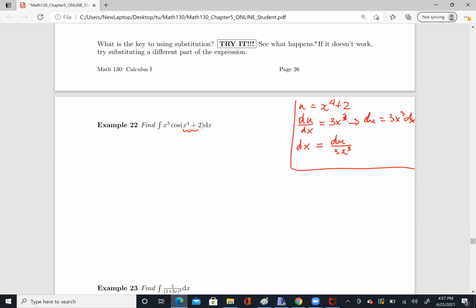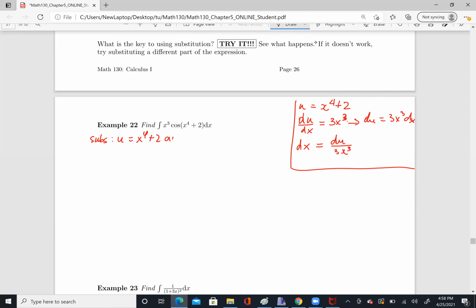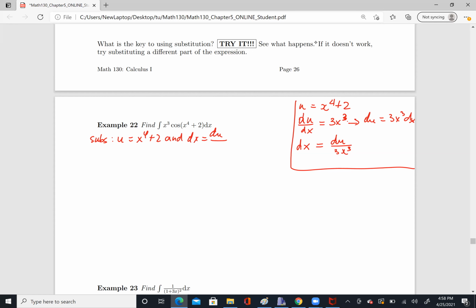Now what you do is substitute the x to the 4 plus 2. So let's substitute u equal to x to the 4 plus 2 and dx equal to du over 3x cubed.